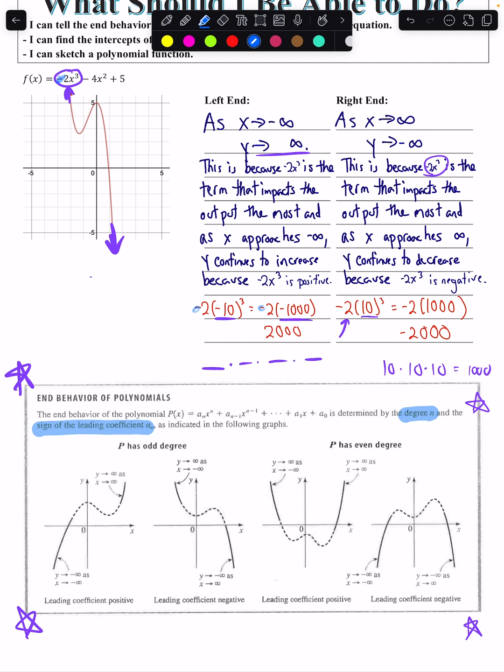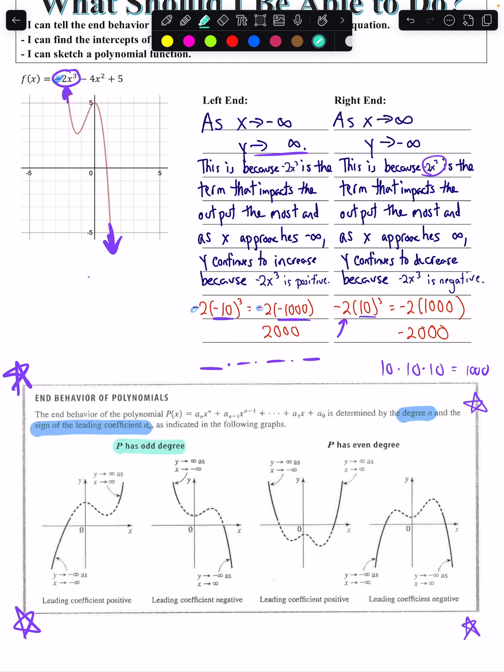We've been looking at the highest degree with the lead coefficient. So if the polynomial has an odd degree, it looks like this, or it looks like this, and it all depends on what the lead coefficient is.